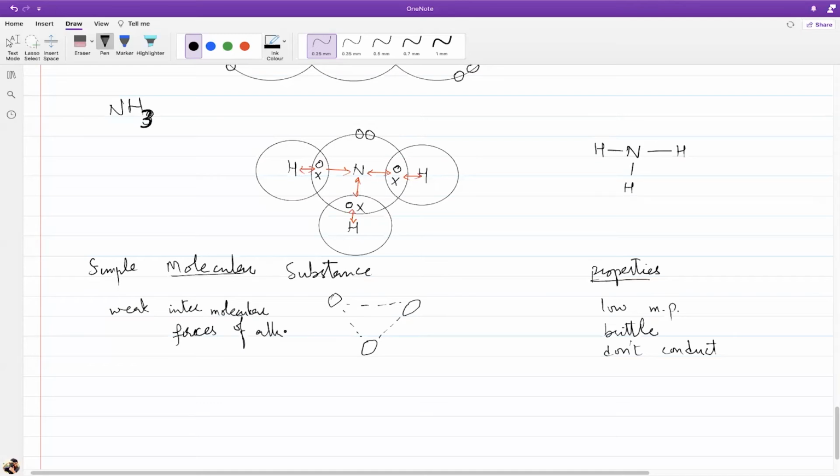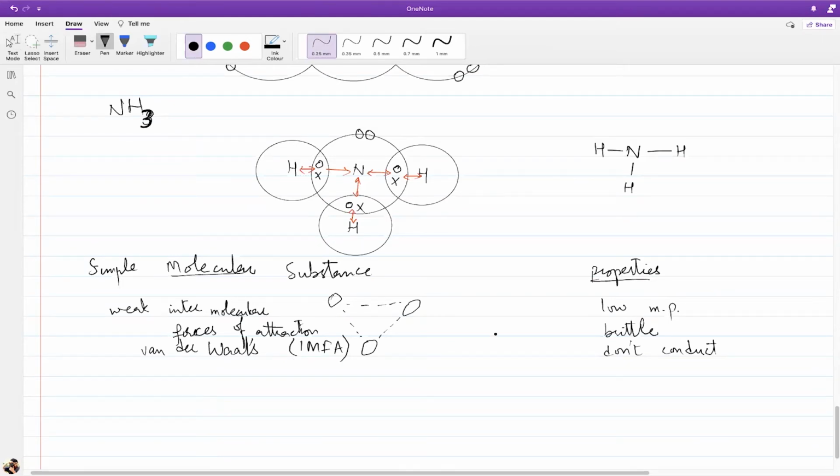I'm going to call them IMFA. Just like electrostatic forces were EFA, this is IMFA. These are weak forces. Another name these have is van der Waals forces. ठीक है? So इनको आप van der Waals forces of attraction भी कह सकते हैं, intermolecular force of attraction भी कह सकते हैं, because they are between different molecules.